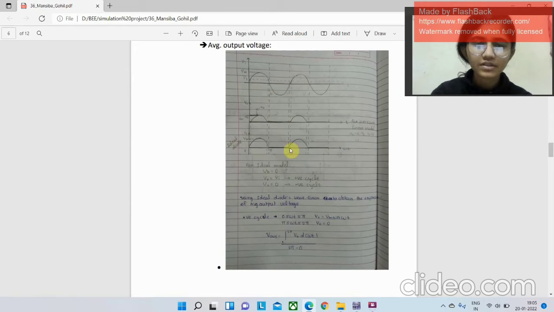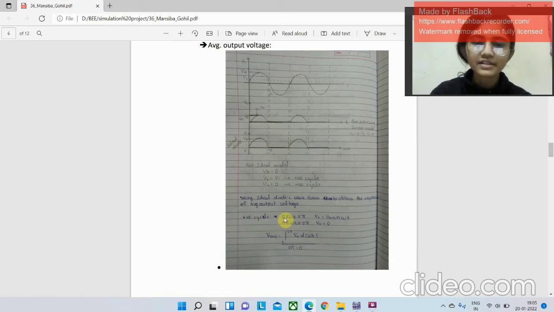Now, I have taken an ideal diode's waveform to obtain the expression for the average output voltage. As we know, in the half-wave rectifier the positive cycle will give us the same output as the input, but in the negative cycle, it will cut the half cycle and we will receive 0.